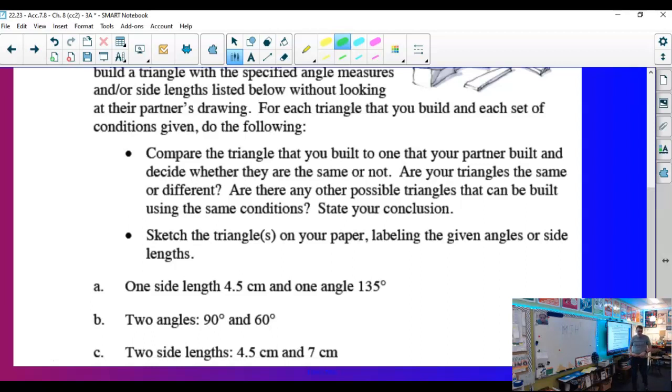Talk with your neighbor. Then when you think you have an answer, move on to B. How many triangles can you make with two given angles, 90 degrees and 60 degrees? And then how many triangles could we make with two given side lengths?